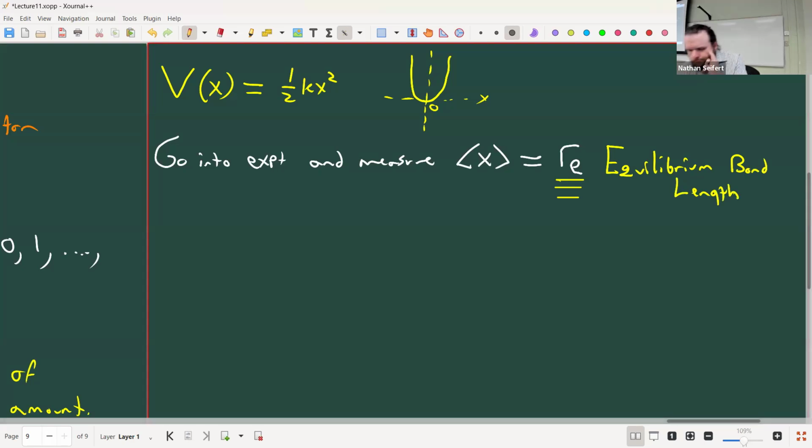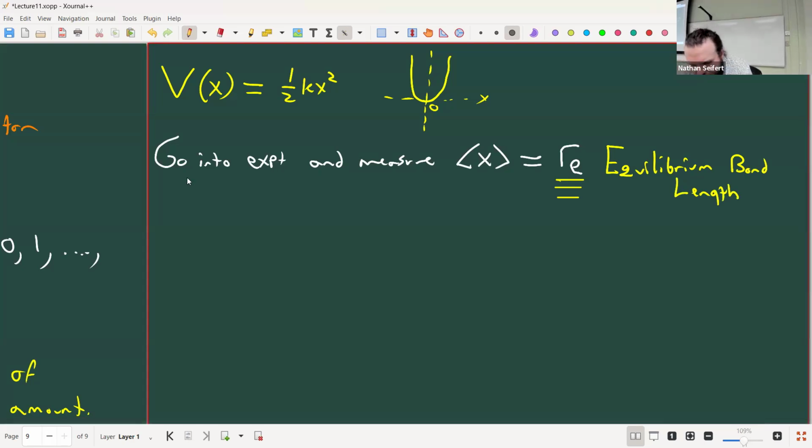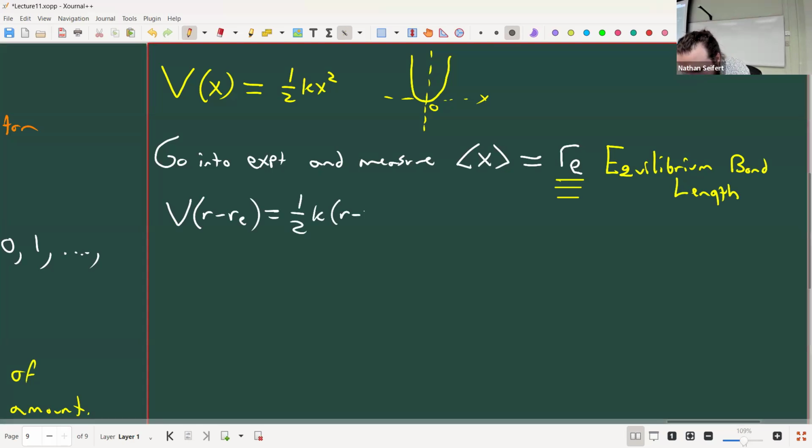Right. And so I'm going to rewrite the potential as 1/2 k times R minus R sub e, squared. All that does is shift the potential horizontally over to where it minimizes, where the minimum value is at R sub e now.